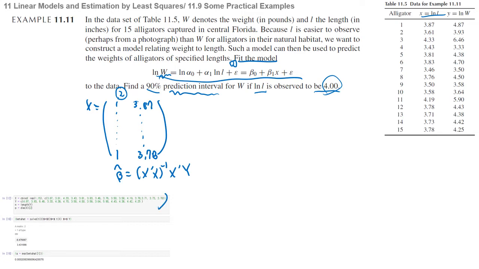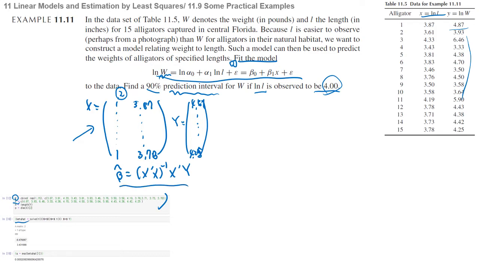In R, we specify our matrix X like this, and we set Y. Our Y is also a vector containing these quantities, 4.87 to 4.25. We can calculate beta hat using this equation.